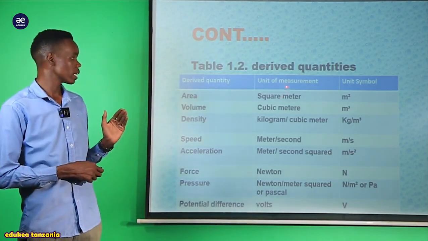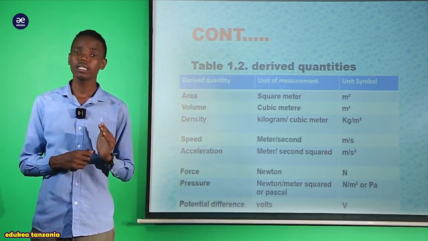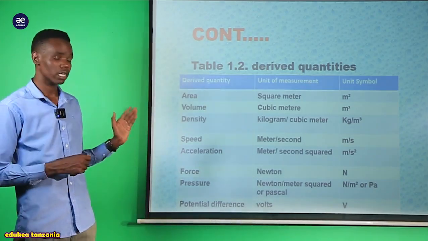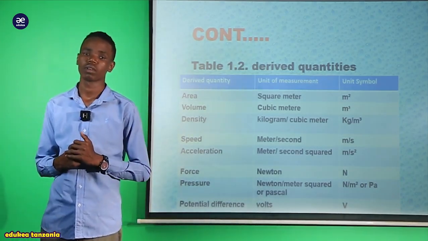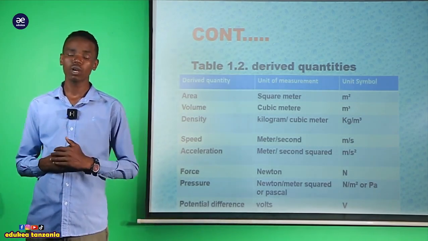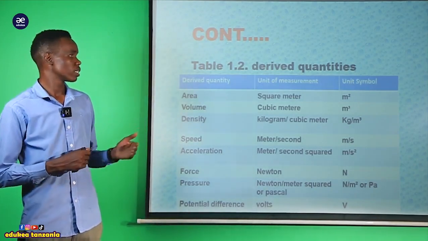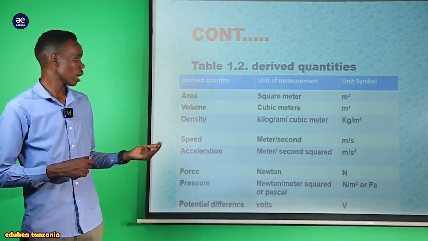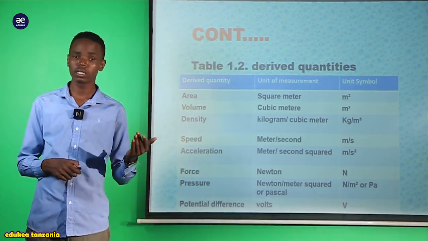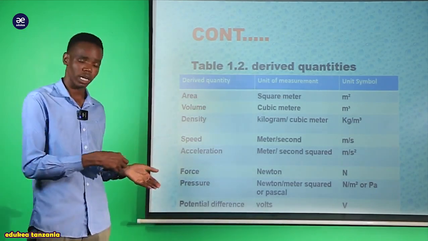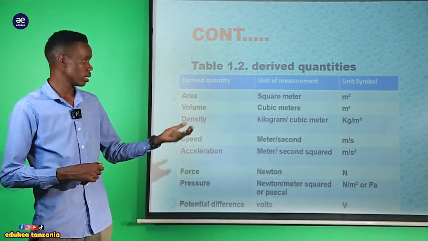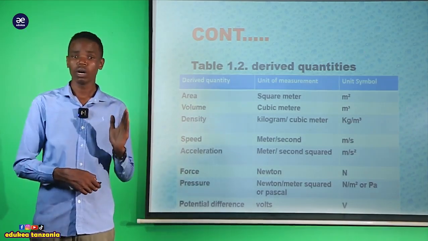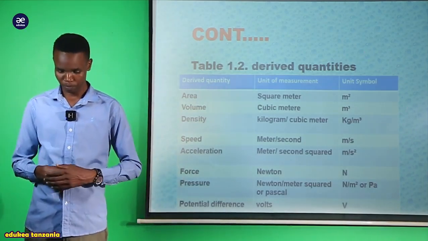The second column represents the unit of measurement of those derived quantities. The third column represents the unit symbol, that is, how we can write the symbol of the unit of area. This is what column number 3 represents.